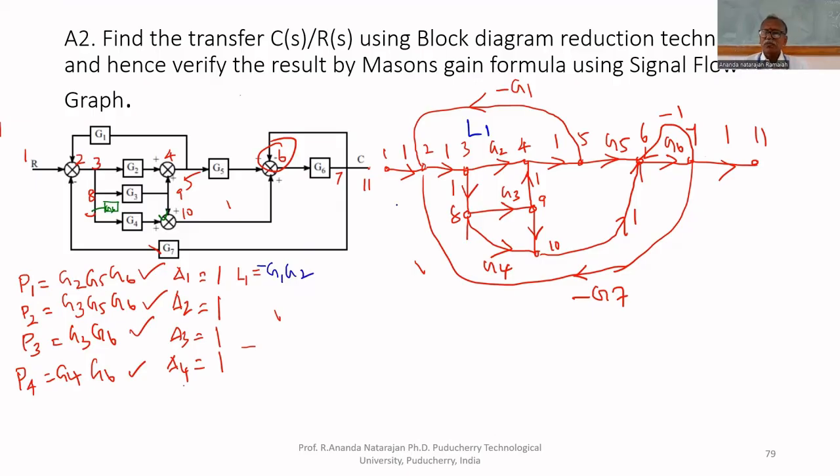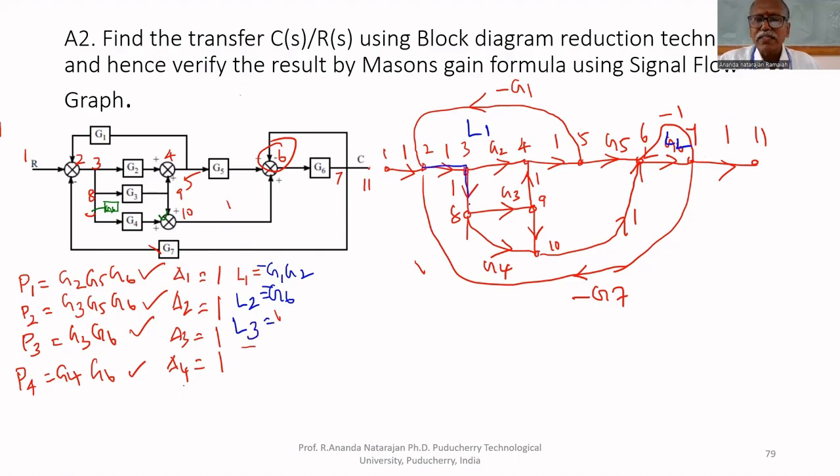This is another loop, loop 2. Loop 2 is minus G6. Another loop I can find. If I travel 2, 3, 8, 9, 4, 5, I'll get one loop. That is L3.